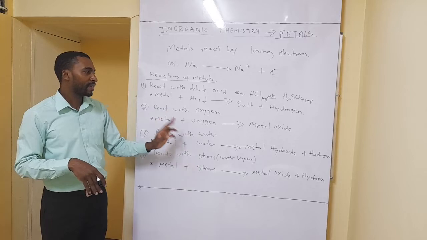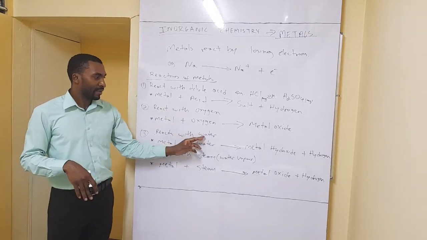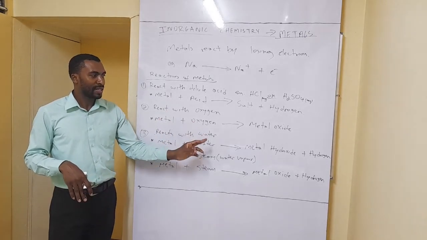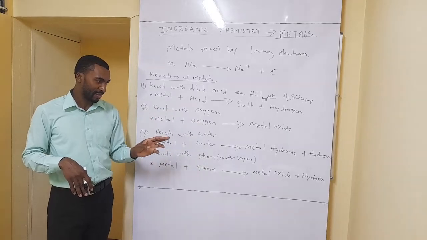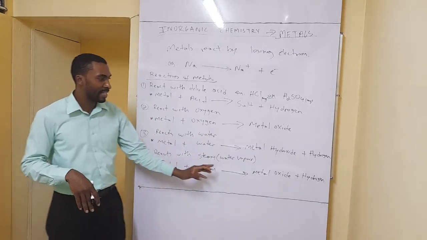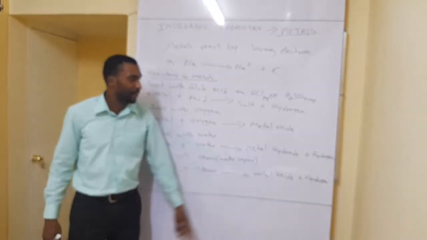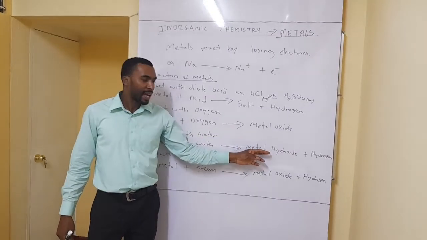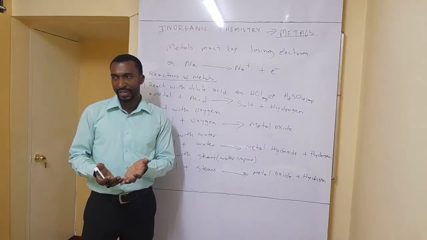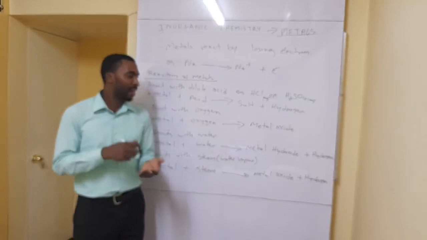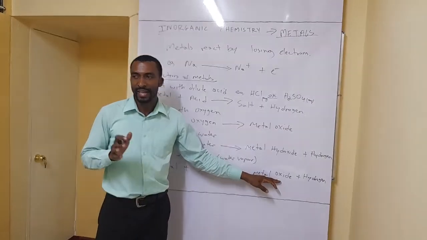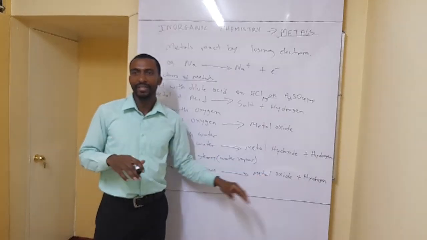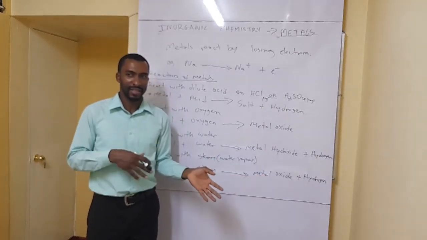So just to note that when we react the metal with the water, it produces the metal hydroxide and hydrogen, right? While if we react it with steam, it will produce the metal oxide. Now, why it normally produces the hydroxide when we have it in solution is because normally the oxide, if you form a metal oxide in water, it's actually going to dissolve to form the hydroxide.